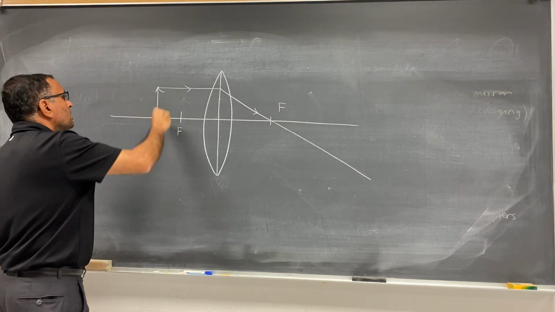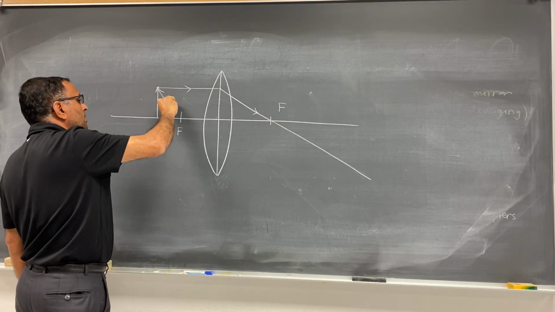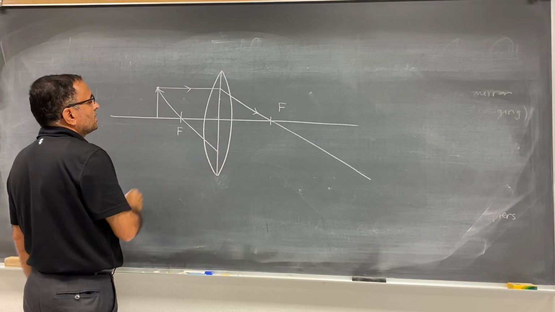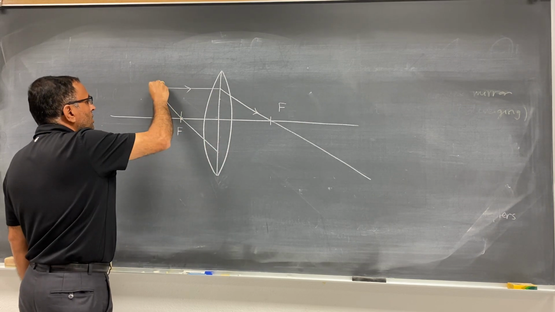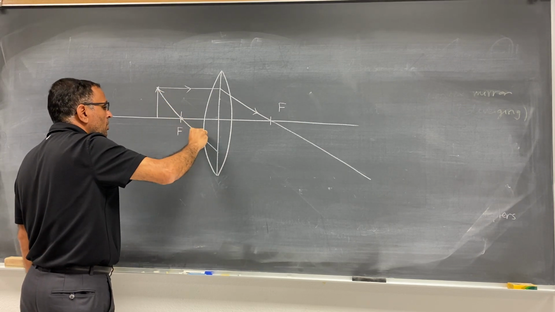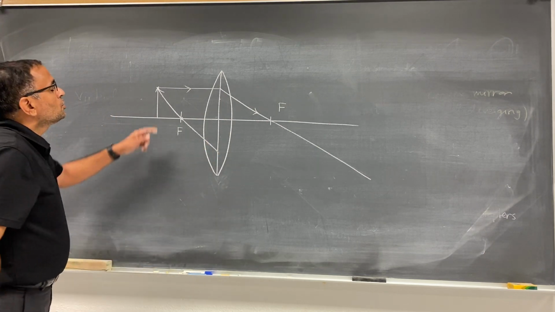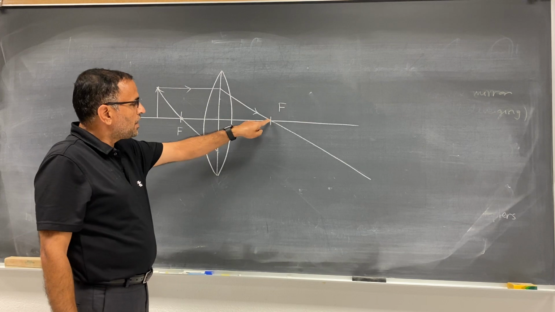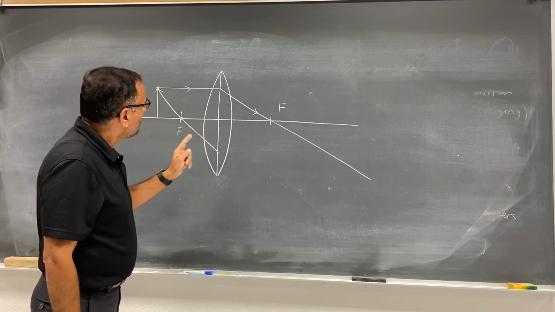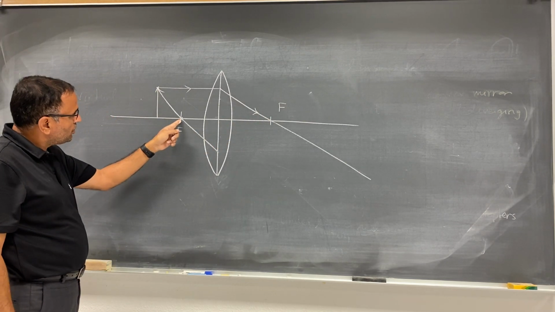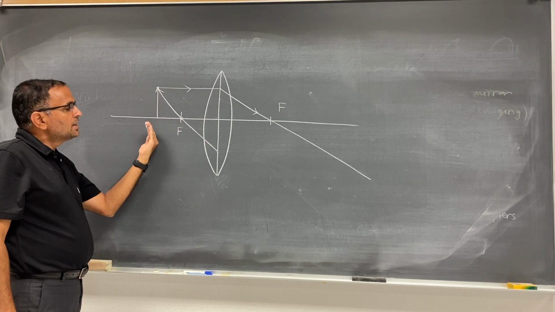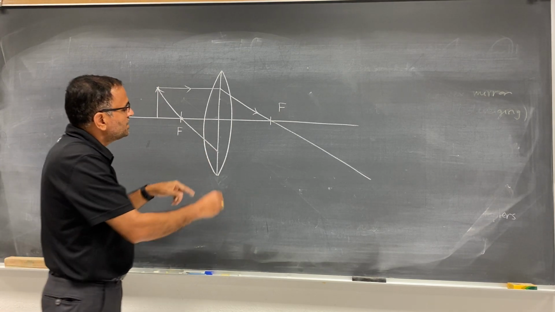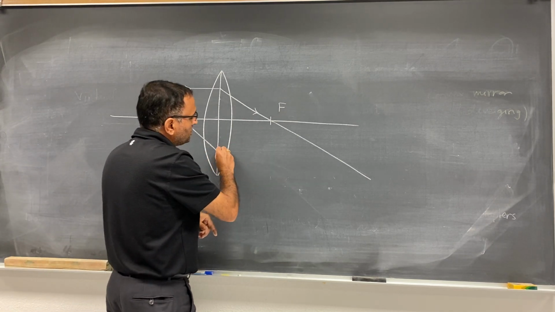Another ray, let's say from the focal point like this, you pass it from the focal point on the same side. So the ray parallel to the principal axis, after refraction, passes through the focal point. Now another ray passes through the focal point on the same side of the object. Then after refraction, it becomes parallel to the principal axis like this.